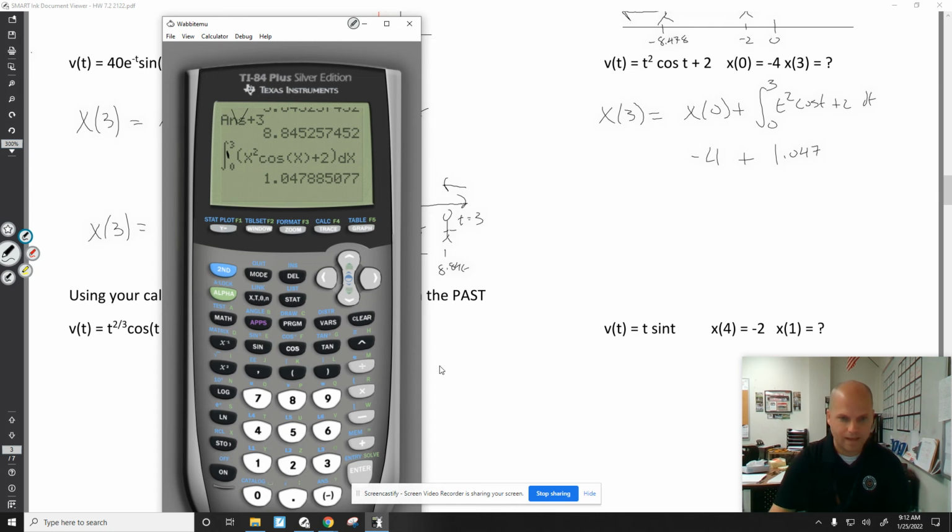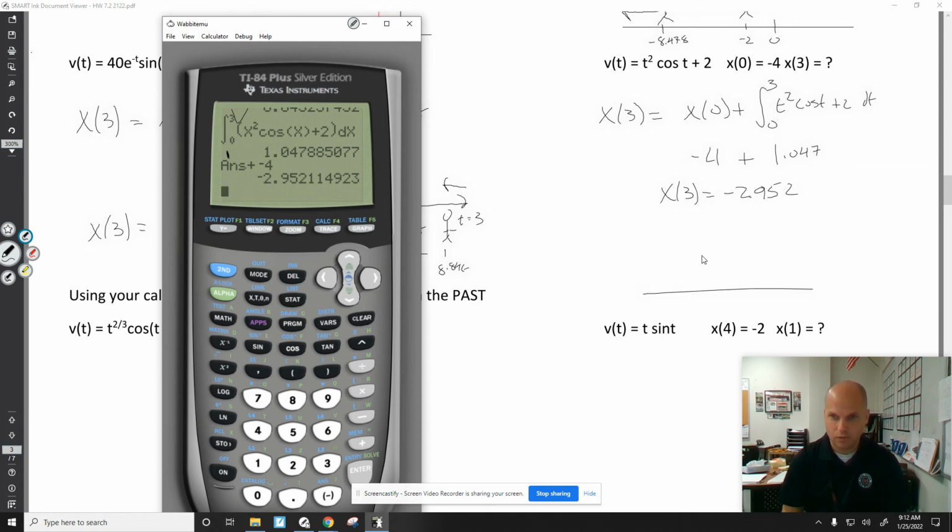There's that. Add that to -4. And that's my position. But let's look at what that looks like on my number line with my dude. Here's a position of 0. Here's my position at -4. Here's my dude. Starts here. T equals 0.